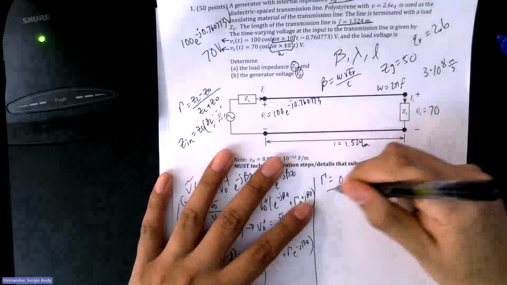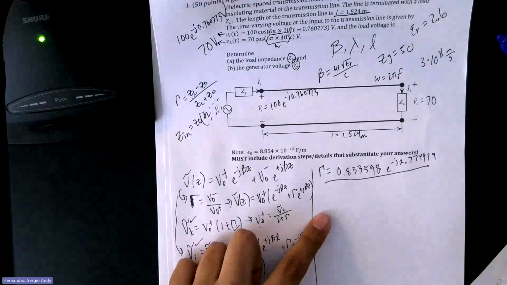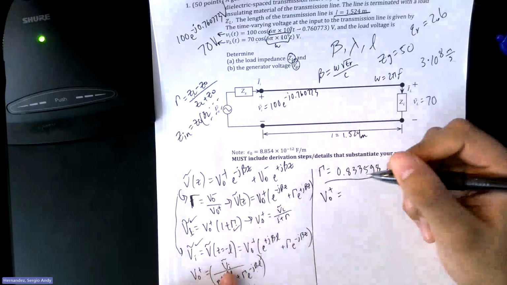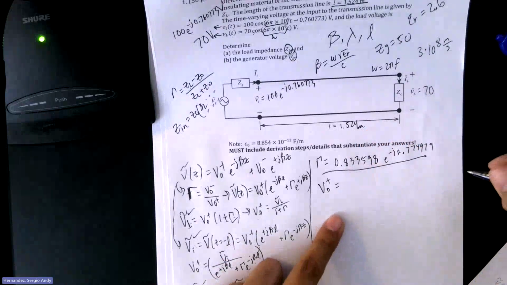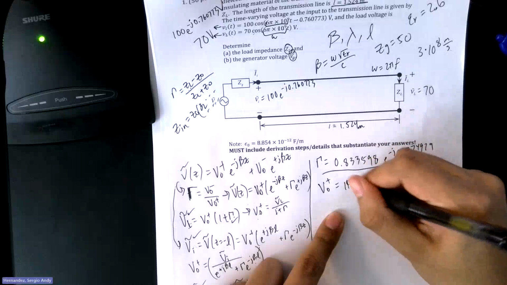So you should come away with this. And then for your V naught plus, if you did the system of equations method on the calculator, you should also get this.